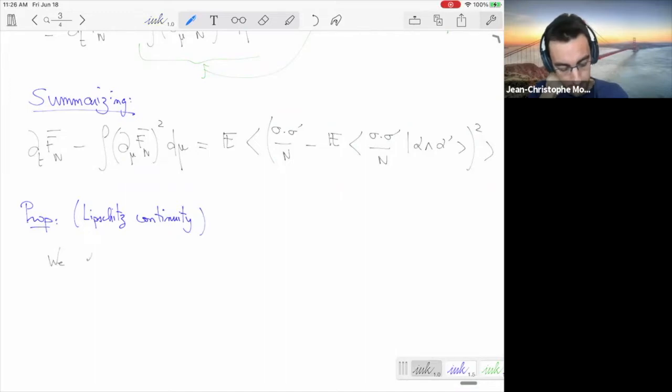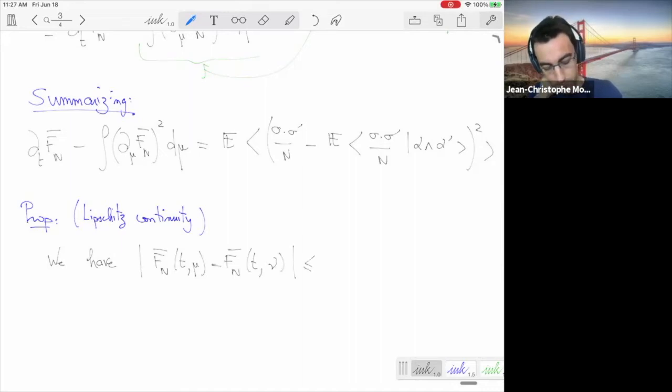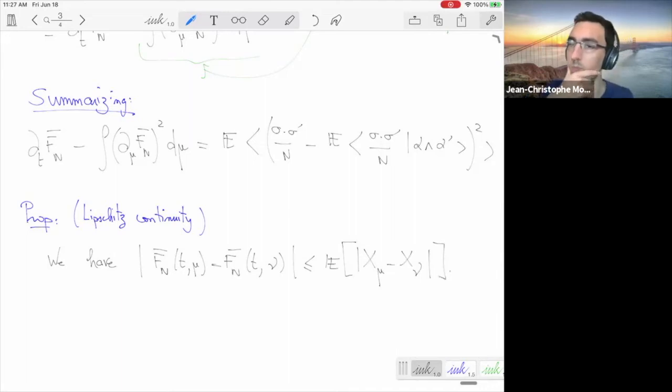So let's say we have... if I look at the difference between this free energy computed at two different measures, this is controlled by this quantity on the right side, which for those who know is actually the Wasserstein W1 distance.